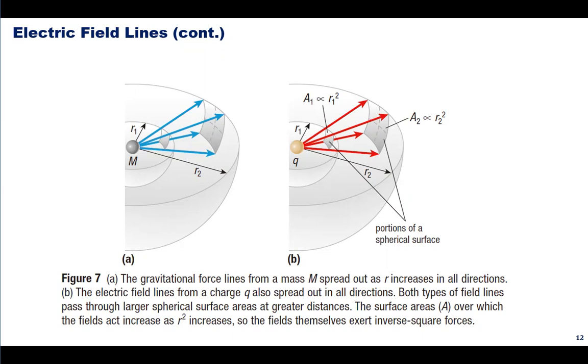The field lines from Q spread out through a surface area. Therefore, the number of field lines per unit area A, and thus the respective strengths of the electric field and electric force, should decrease as r squared increases.